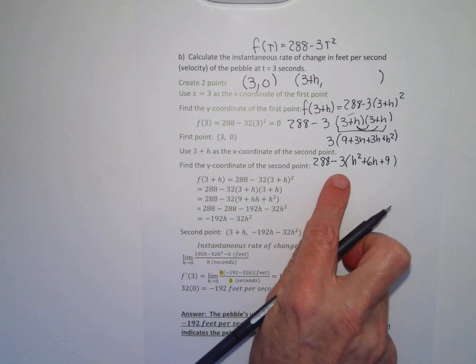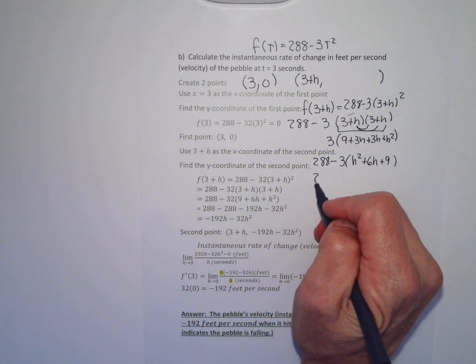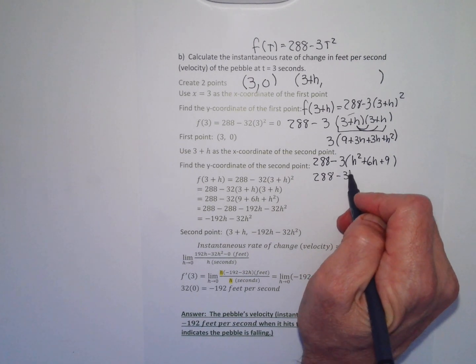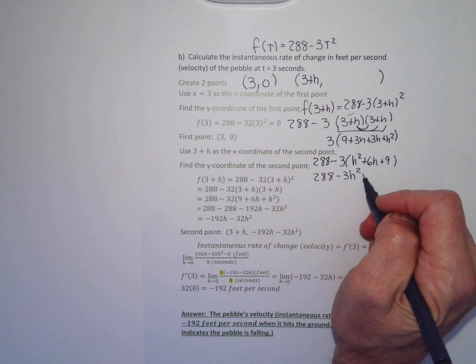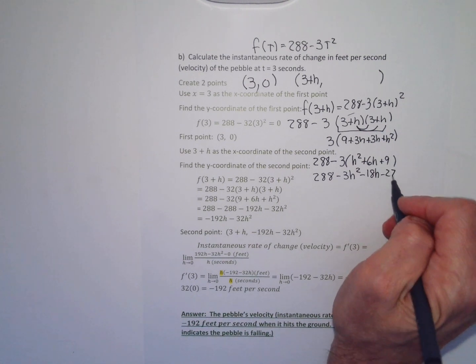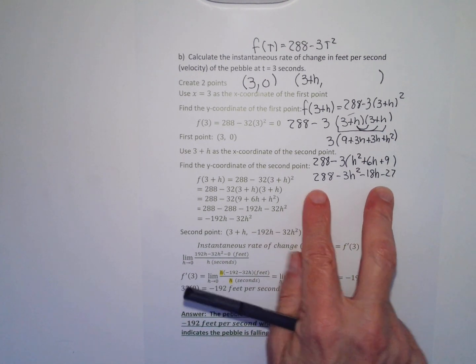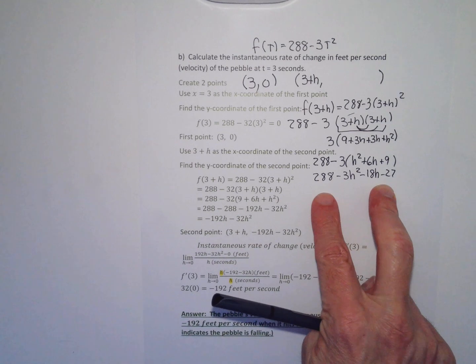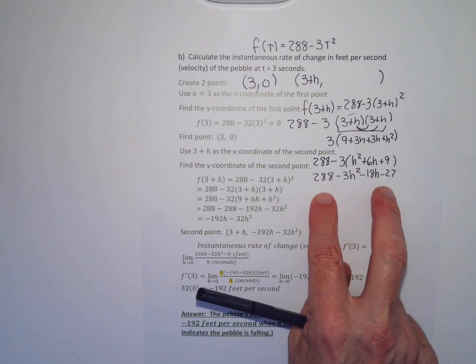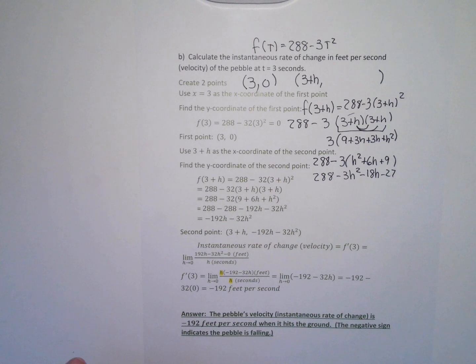Now I'm going to multiply through by negative 3 to clear this parentheses and get 288 minus 3h squared minus 18h minus 27. I'm going to combine the 288 and minus 27, and there should be a 32.